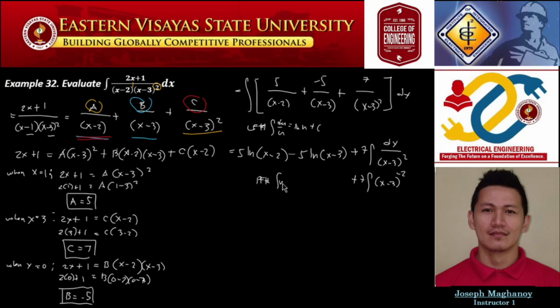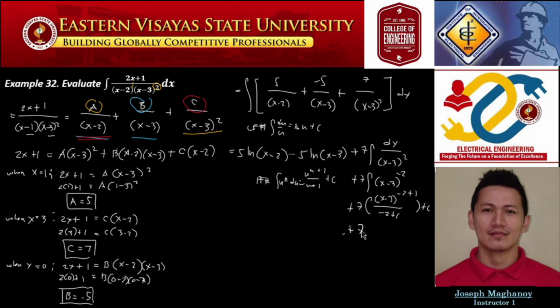That is the integral of u raised to n du is equal to u to the n plus 1 all over n plus 1 plus c. Writing it down, x minus 3 raised to negative 2 plus 1 all over negative 2 plus 1 plus c.